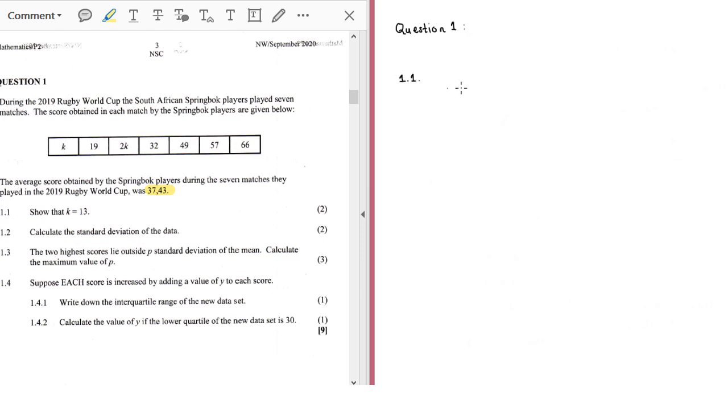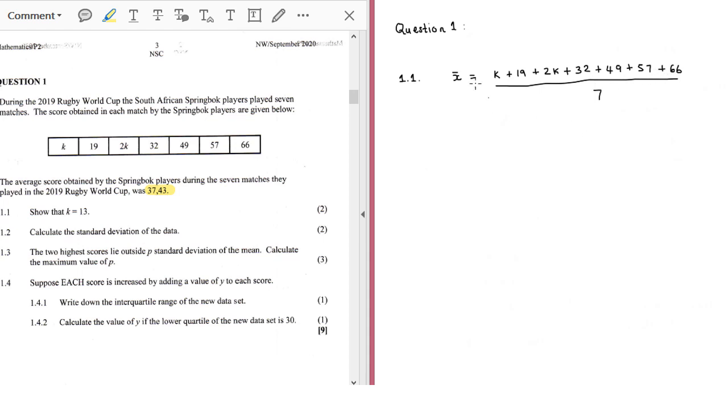So we know that the average, X bar, would have been calculated by taking all of these scores and dividing them by the number of data points that we have, which is the scores for 7 matches.